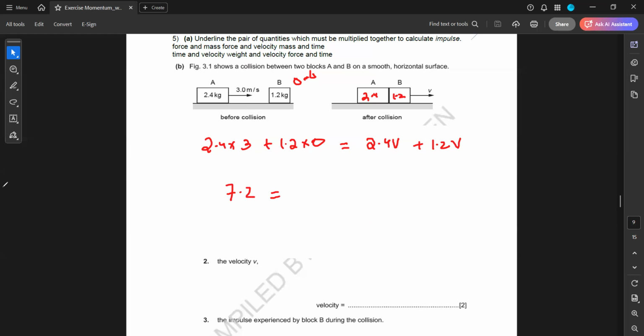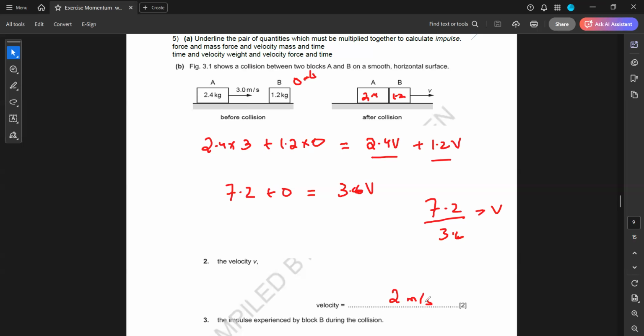This will be 0 because 1.2 times 0 is 0. This will be 2.4V plus 1.2V, which equals 3.6V. So 3.6 is multiplied on one side, on the other side it will be divided: 7.2 divided by 3.6, so we got 2 meters per second. That is the velocity at which these two objects move when they stick together.